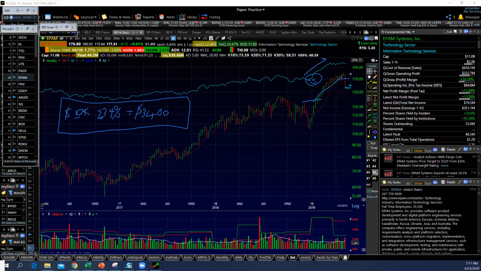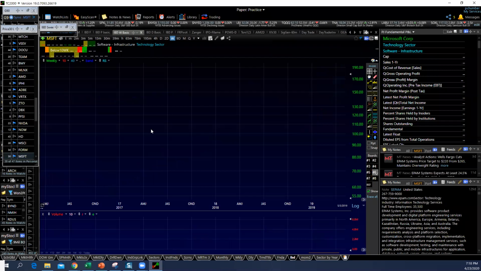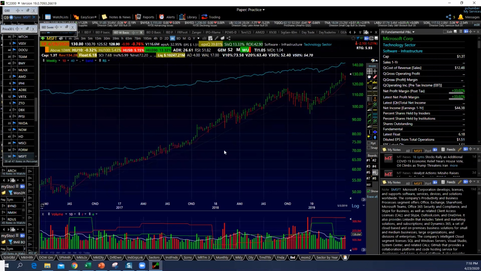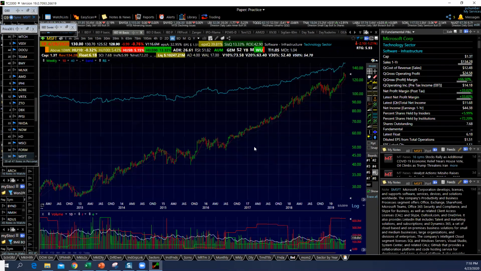I'm just joking. Okay, so that's one. Let me clear this. That was EPAM. Let's have a look at the flat base. I thought Microsoft was the flat base. It wasn't Microsoft. Maybe it's Paycom.